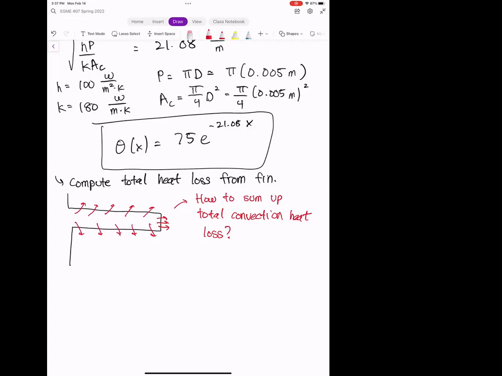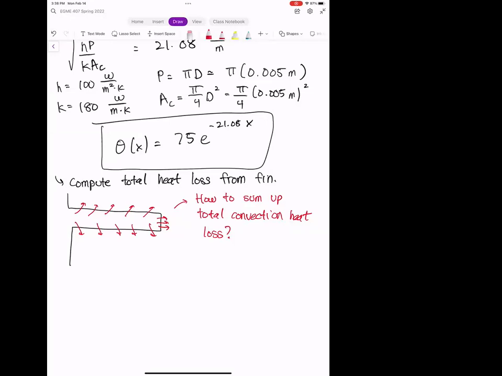So from a design perspective, this is something that's really important, right? Because if you're going to be adding a fin to a device, you want to know how much heat is actually going to be offloaded from that fin. Okay. And so at first, this seems like it's challenging, right? Because we have an entire lateral surface that we're computing on. Okay.